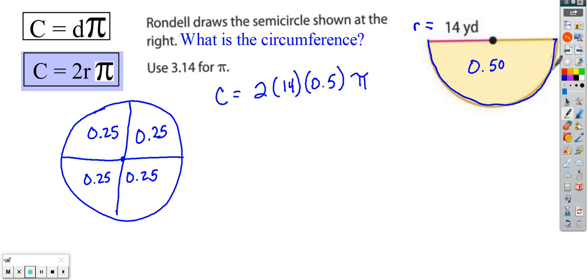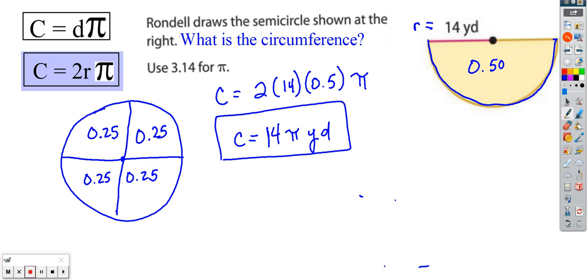If you're given half the circle, you have to multiply your radius times 2 times a half and then pi. So we're going to get our answer in terms of pi. I know that half of 14 is 7, and 7 times 2 is 14 pi. So 14 pi is my circumference in terms of pi.